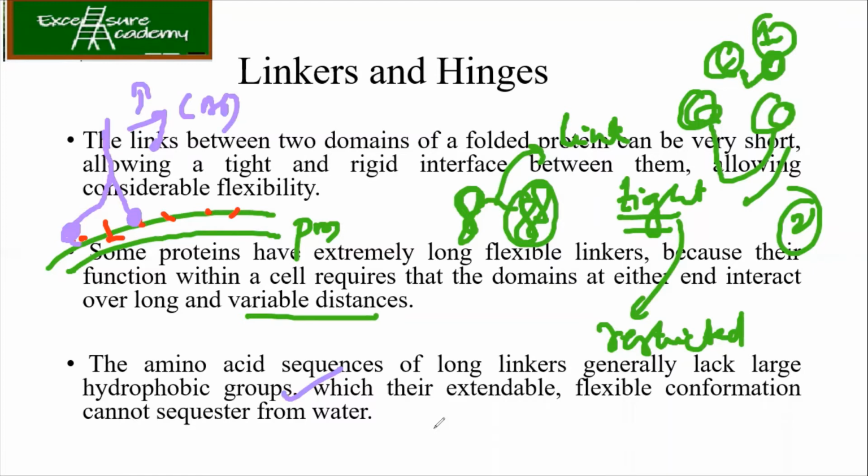So each domain will have the hydrophobic groups buried inside it. What is present on the outside? The hydrophilic amino acids. So the amino acid sequences of long linkers generally lack large hydrophobic groups, which their extendable, flexible conformation cannot sequester from the water. So they are always buried.